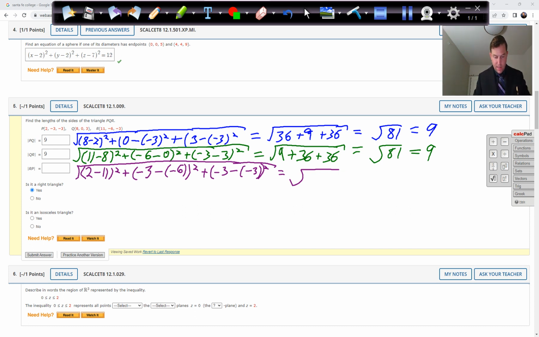Two minus 11 is negative 9. Oh yeah, this one's not going to be the same. 81. Then we have minus 3 plus 6, which would be positive 3, squared is 9. Minus 3 plus 3 would be 0, squared is 0. Which is the square root of 90, which is 3 root 10.